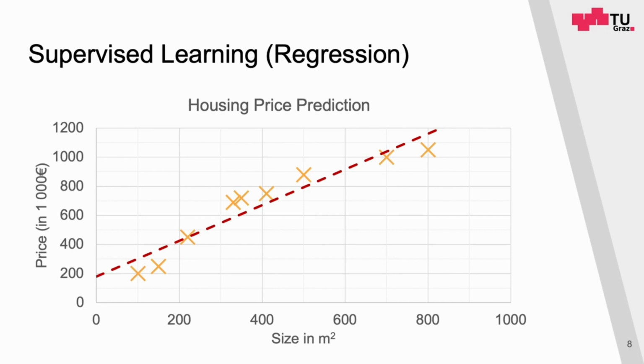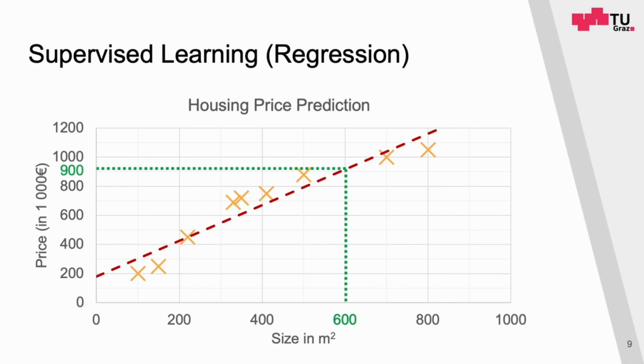So if we look, for example, at the size in square meters, if we have a house with 600 square meters, then if we draw a vertical line and build the intersection with our fitted straight line, we can see that we can predict a price of 900 euros, for example.